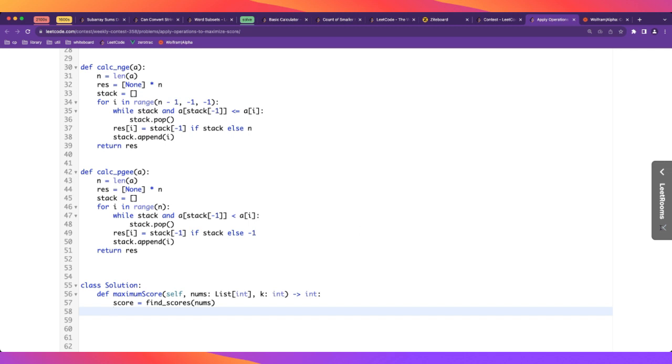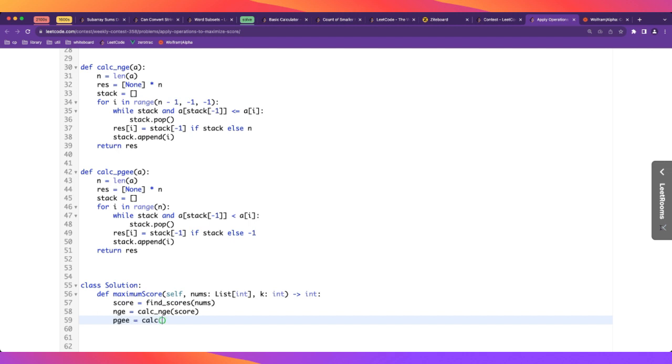So let's dive into the meat of the solution. The NGE is going to be calc NGE of the score, and the PGEE is going to be the calc PGEE of the score.